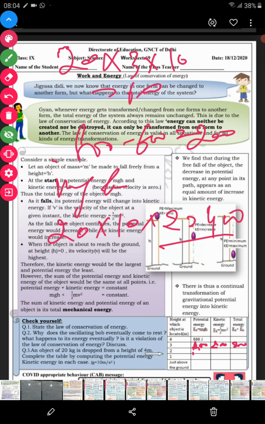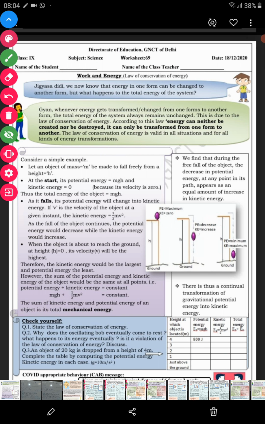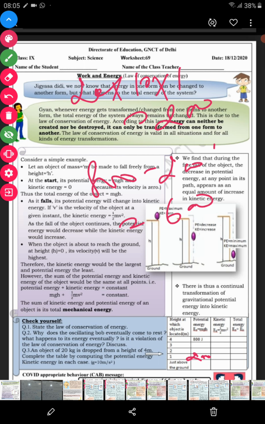Then 800 minus 400 is 400, and the total is 800. Next, at 1 meter, 20 into 10 into 1 is 200. Then 800 minus 200 is 600, and the total is 800.